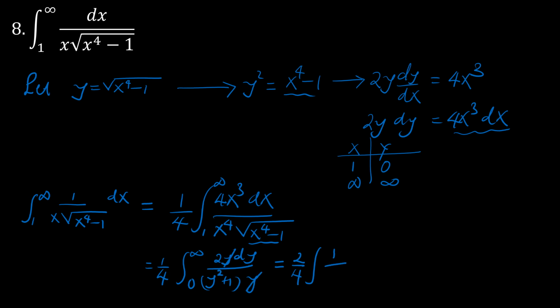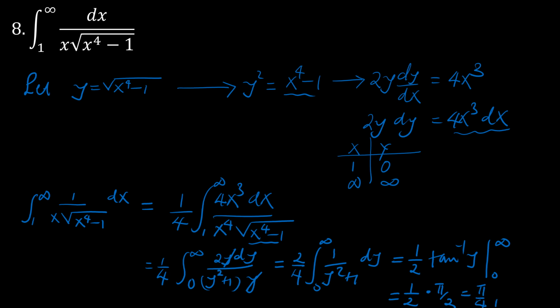So we have 1 over y squared plus 1 dy. And then when you integrate that, 2 over 4 is a half. We get arctangent of y from 0 to infinity. On the upper limit, as y tends to infinity, arctangent becomes pi over 2, sorry, and at 0 it's 0. So the answer is pi over 4. And this is the answer.